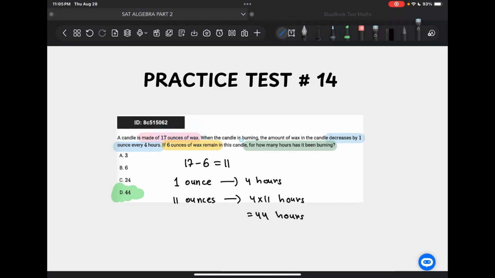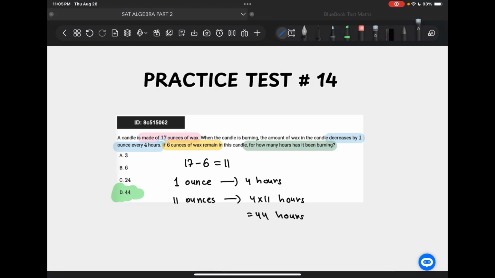When the candle is burning, the amount of wax is going to decrease, right? And the rate by which it decreases is 1 ounce for every 4 hours. So after 4 hours, 1 ounce of the wax will decrease from the initial amount. If 6 ounces of wax remain in the candle, how many hours has it been burning for?